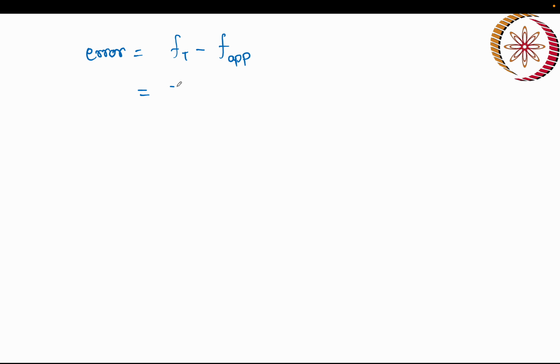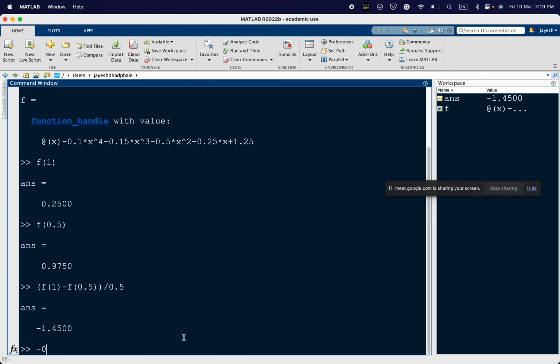If we do the subtraction, minus 0.9125 plus 1.45 gives 0.5375.